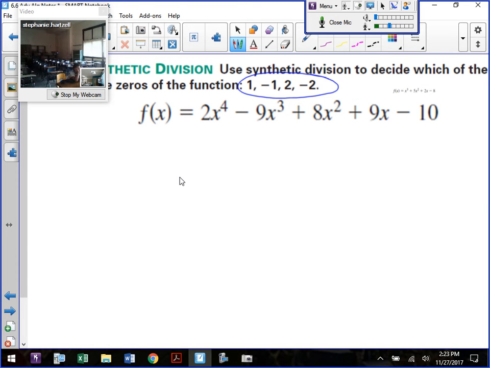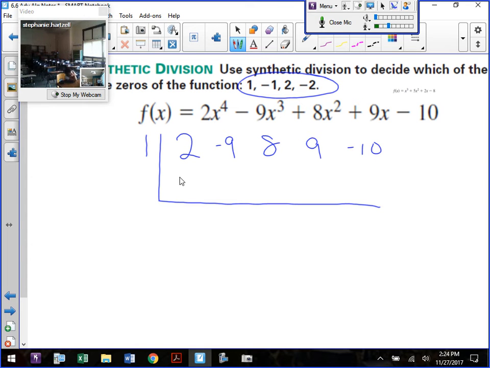Take a zero, draw the line, coefficients. Fourth degree polynomial means how many parts should be in our polynomial? 5. Do we have all 5? Are they in descending order? All right, guys. 2, -9, 8, 9, and -10.